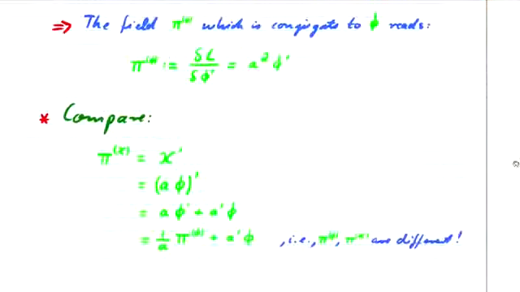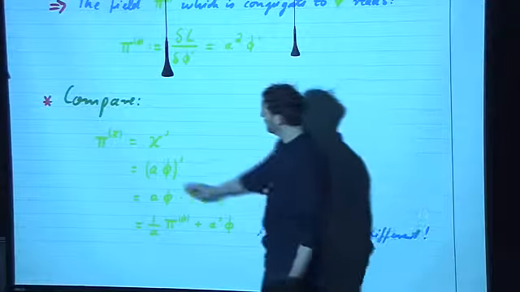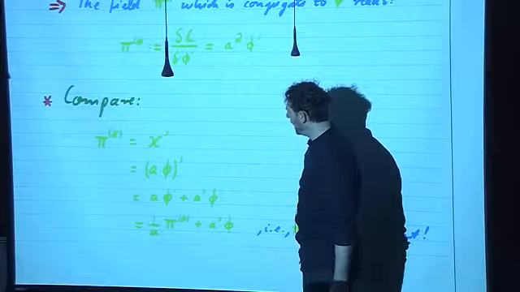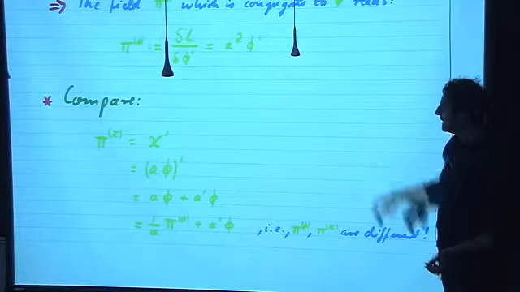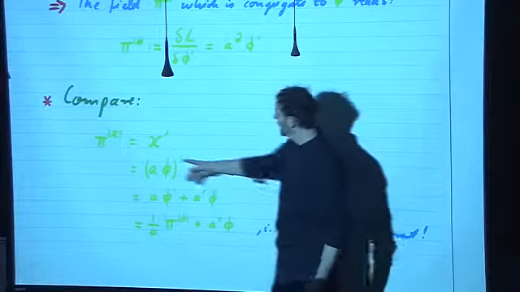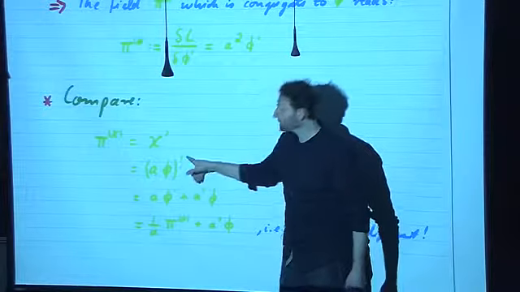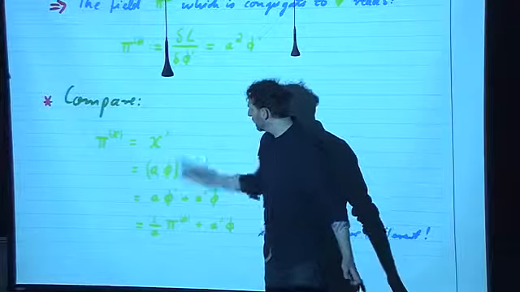So let's compare. We have a canonically conjugate momentum field to chi, which is chi prime, and we have a canonically conjugate momentum field to phi, which is given here. So this is chi prime. Chi prime is the derivative of a times phi, because chi is a times phi. So let's work that out.